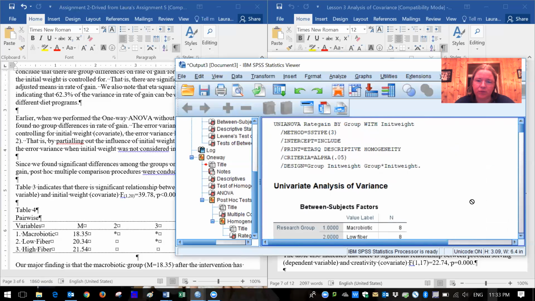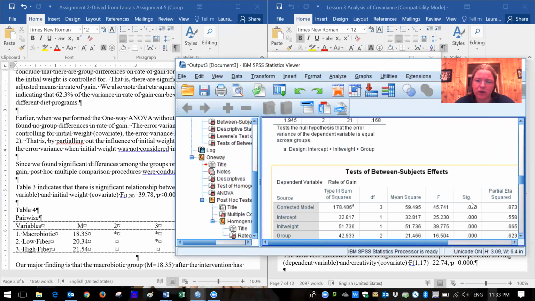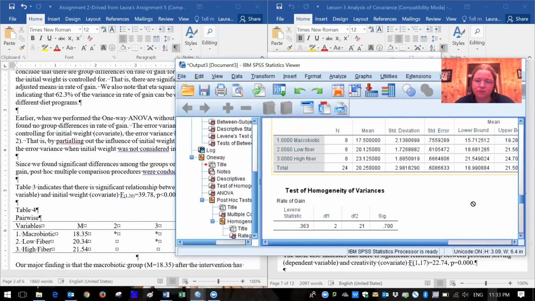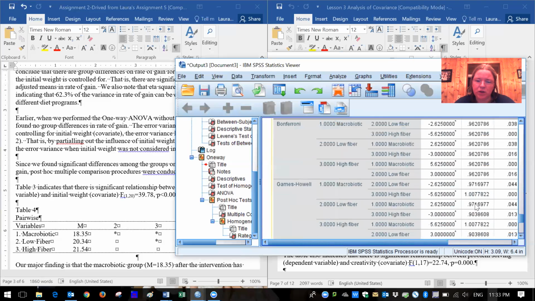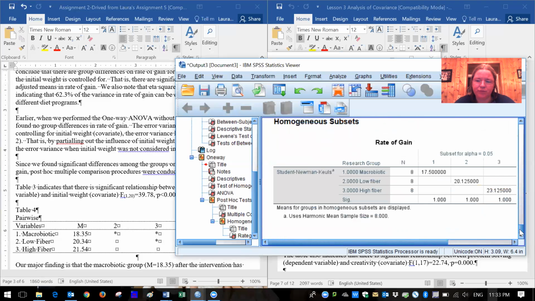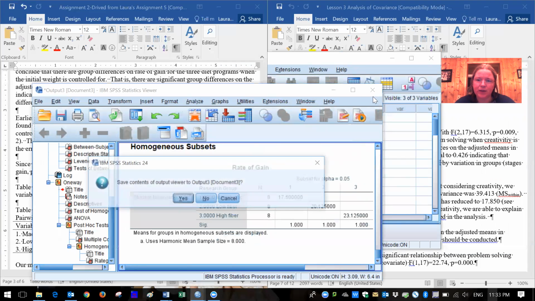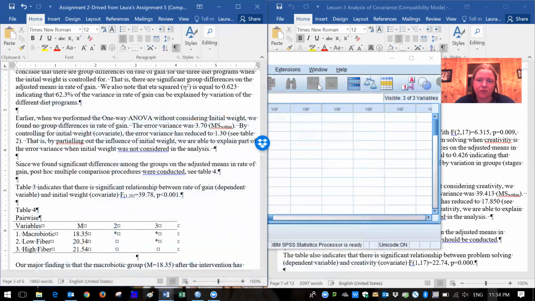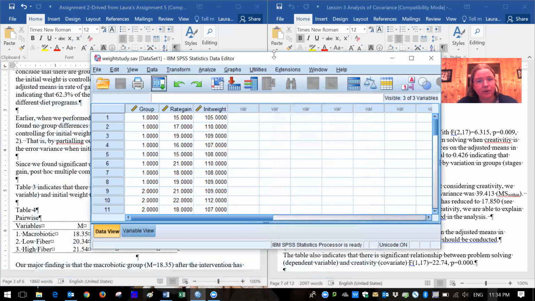And so when we look at our post hoc, now, of course, it doesn't want to show up. So let's try this again. When I did it earlier, it was working.